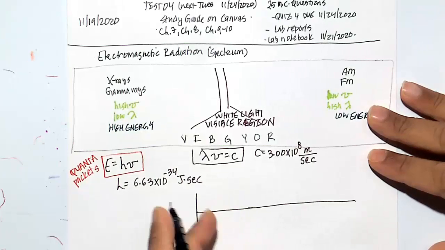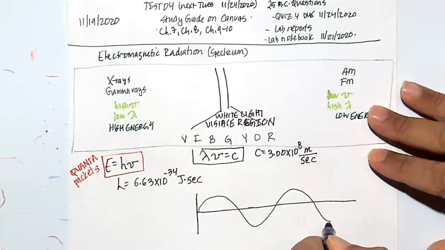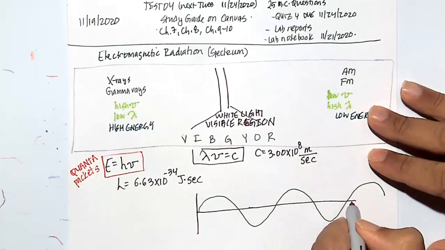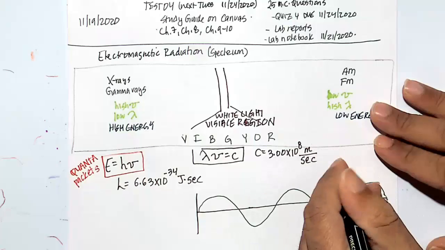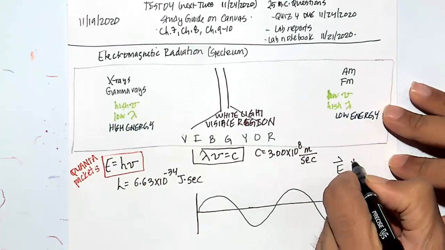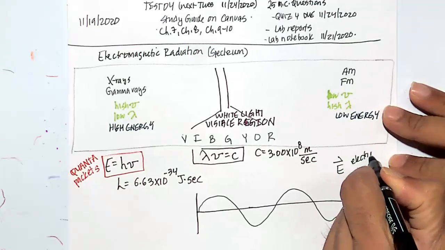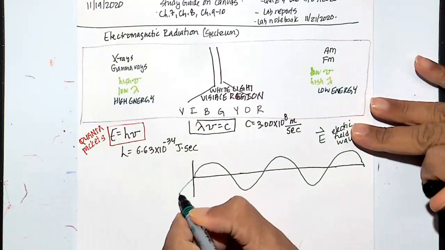So we have one wave that's going this way. I'm going to call that the electric field wave, E with a little vector symbol. That's the electric field wave. And then traveling perpendicular to that is the B field wave, the magnetic field wave. So they're going perpendicular to one another.